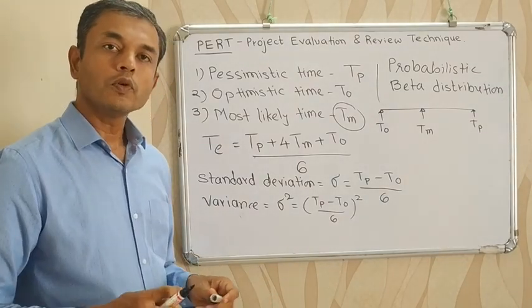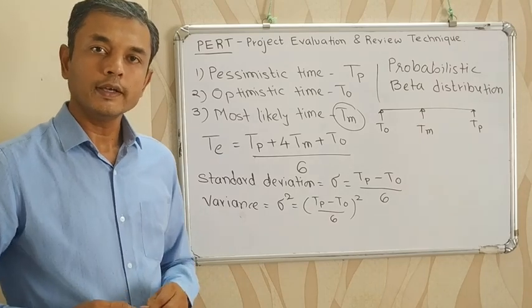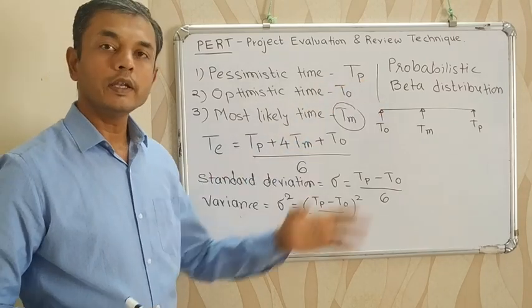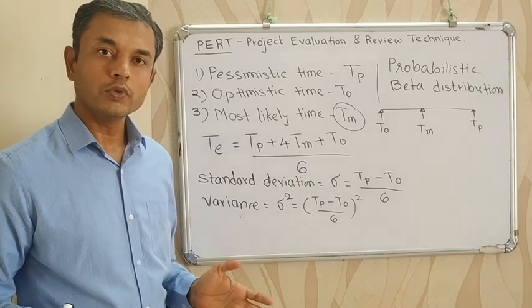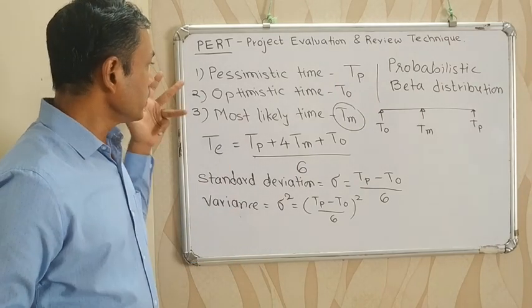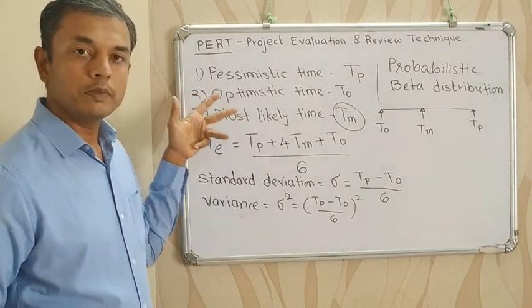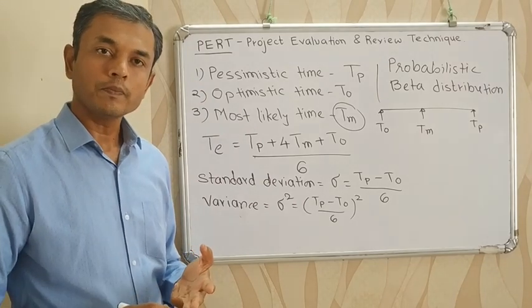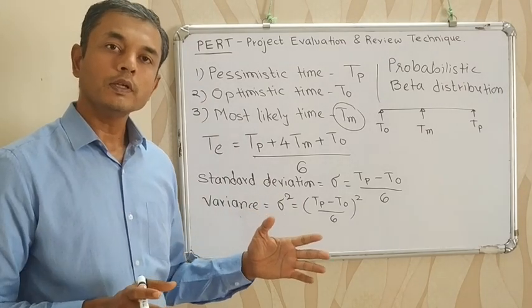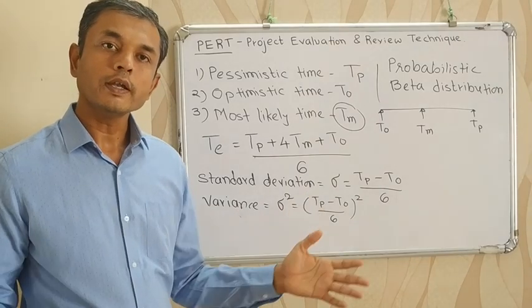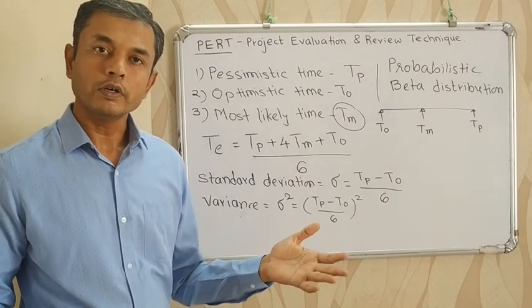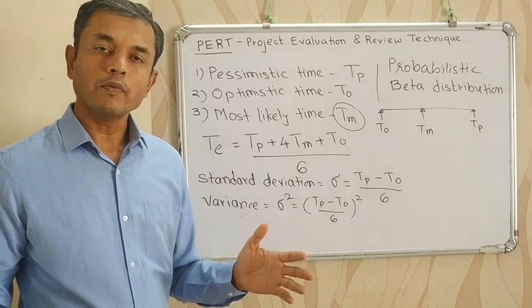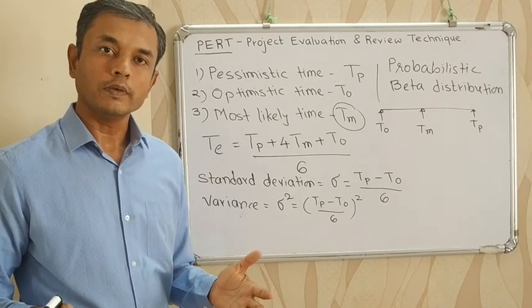So we can say that project evaluation and review technique is probabilistic in nature and follows the beta distribution. We take 3 time estimates: pessimistic time, optimistic time and most likely time. Pessimistic time is the maximum time duration taken by an activity when everything is not in favor, there is too much uncertainty.